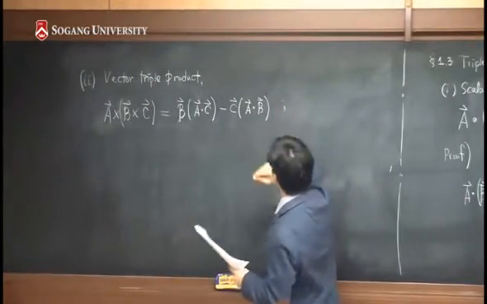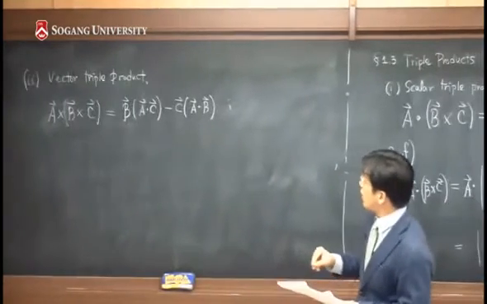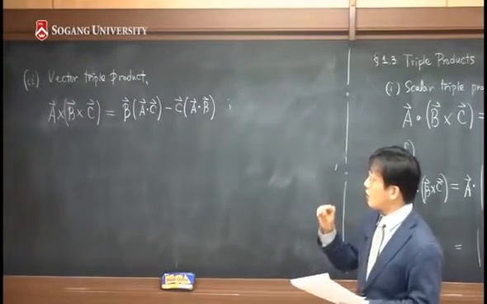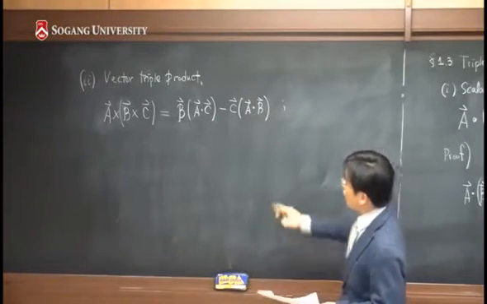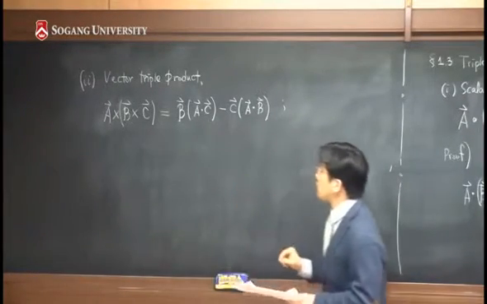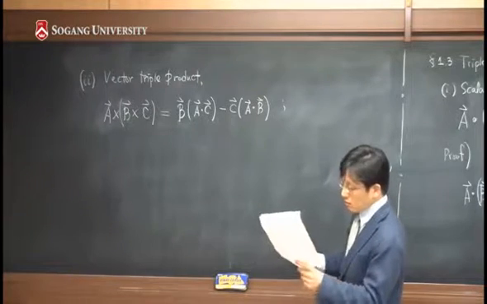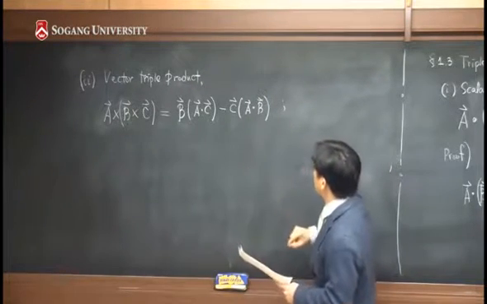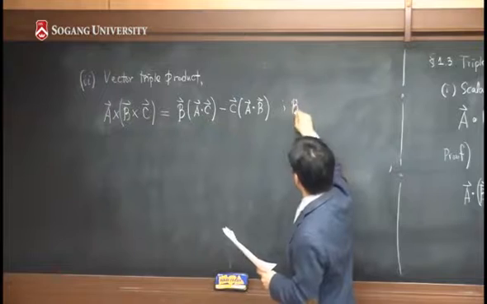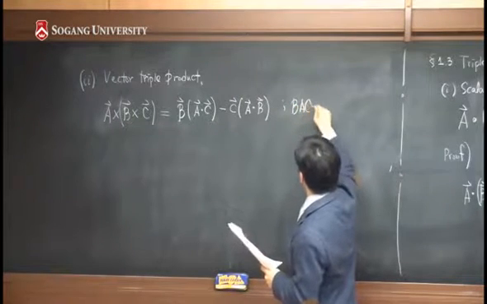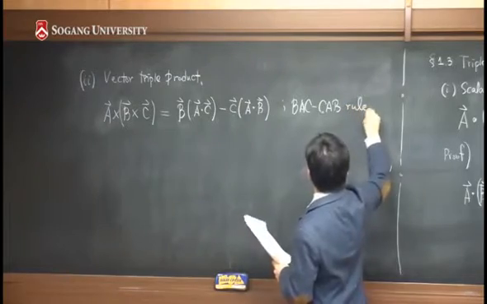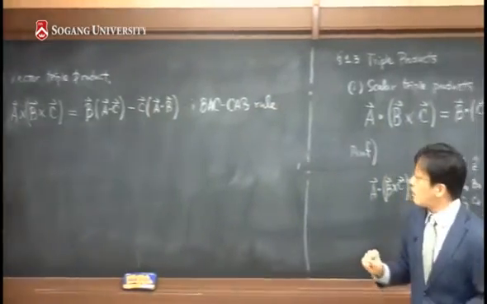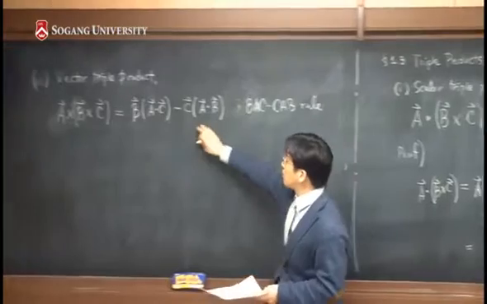And this is a kind of formula you better get to know, by having the right sequence of the vector as its result. So we call this formula the back-cap rule, just for the matter of memorizing the formula. Okay?